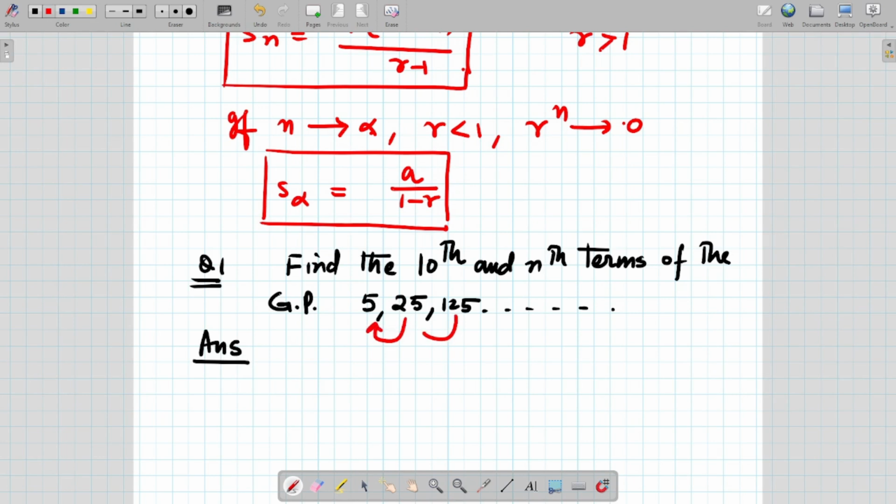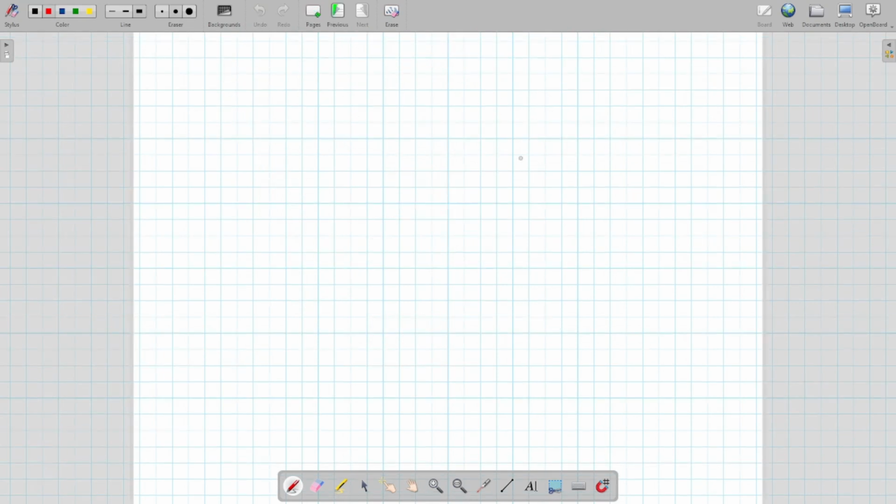So here in this case, let us go to the next page. We will get r as 25 upon 5, same as 125 upon 25, which is 5. Okay, r की वैल्यू निकल आई and a की वैल्यू क्या थी, 5.